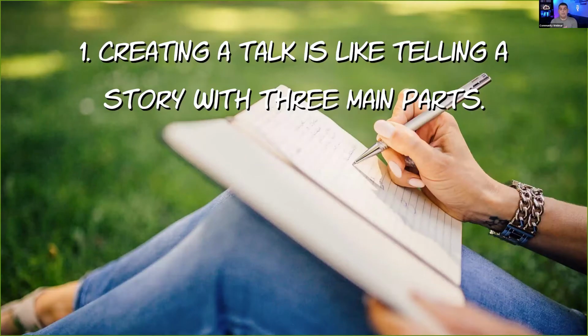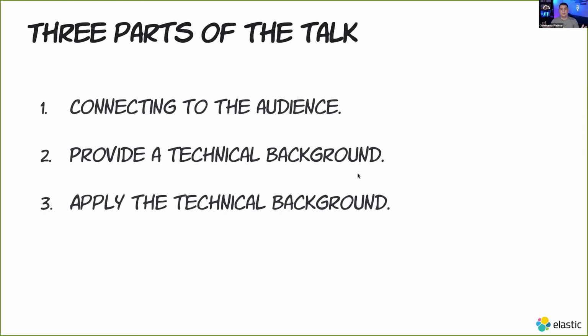The first step has to do with how you would like to structure your talk. We like to say that a talk is like you telling a story, which has to have at least three sections. The first section of the story is you connecting with the audience.